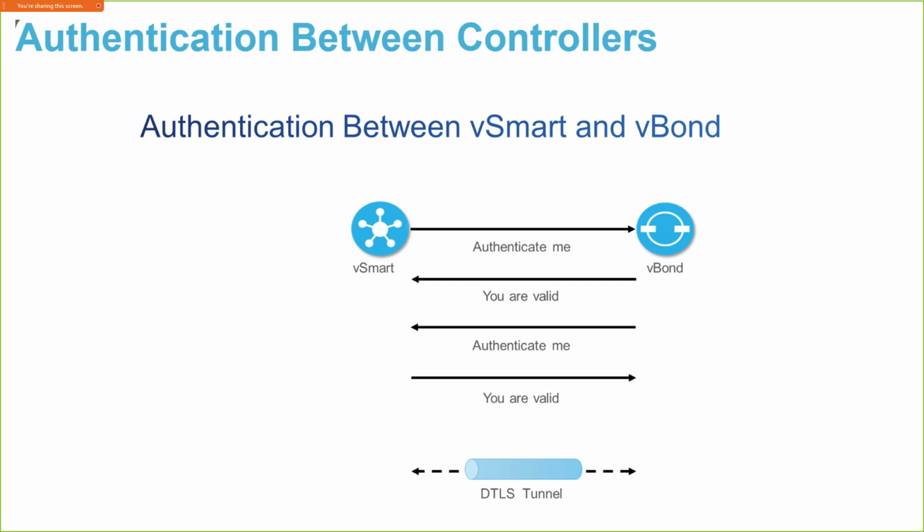Okay. So the privacy and encryption in the control plane that we get from DTLS or TLS provides that secure foundation for the other two security components, which are authentication and integrity. To perform authentication, we use those digital certificates that we talked about.